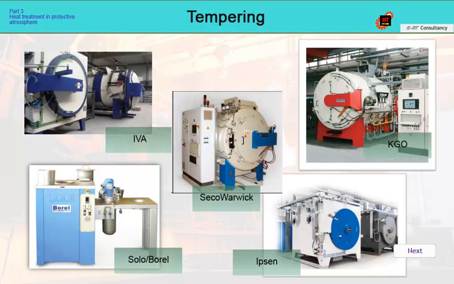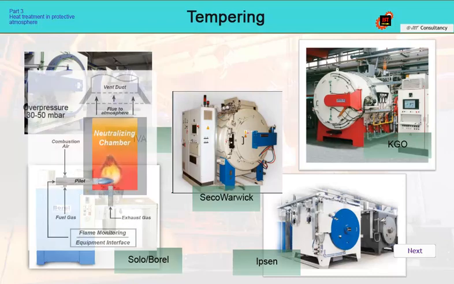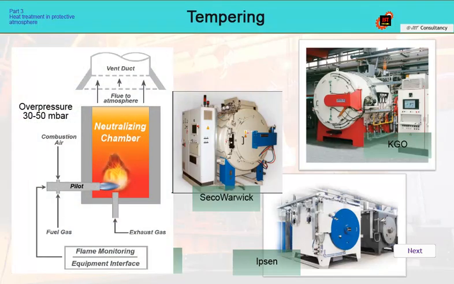The classic retort furnace design is based on supplying gas to the furnace with an overpressure slightly higher than atmospheric pressure. Usually, it is 30 to 50 millibar. This overpressure ensures that no outside air enters the furnace. At the outlet, there is either an expansion valve or a flame curtain, which prevent air from entering the furnace.